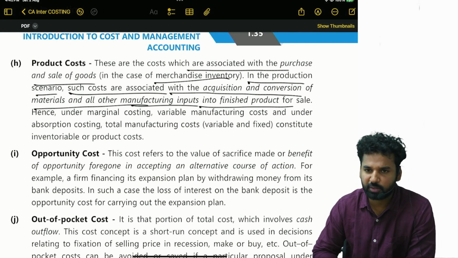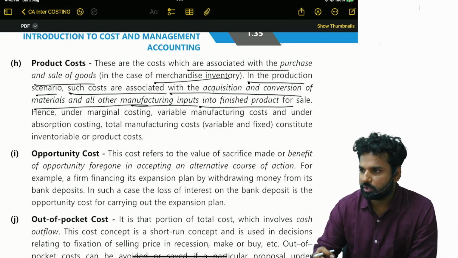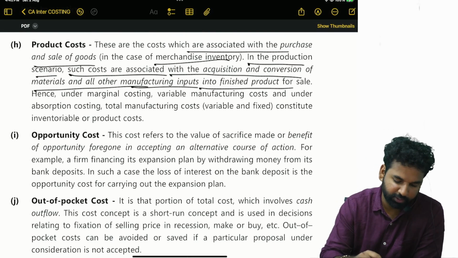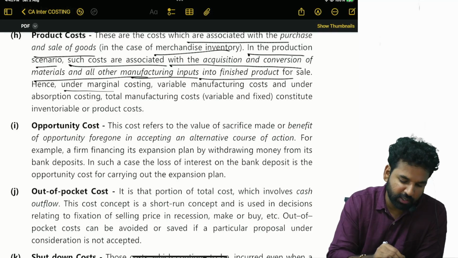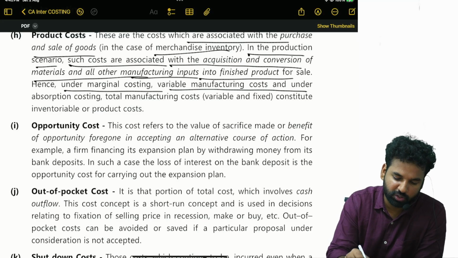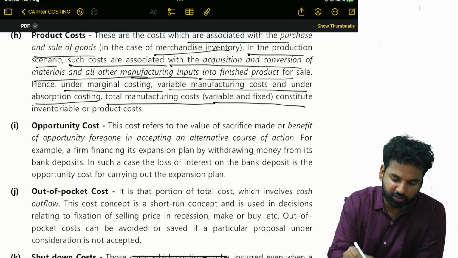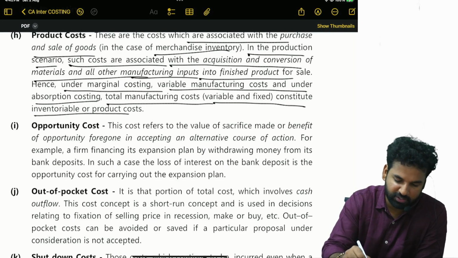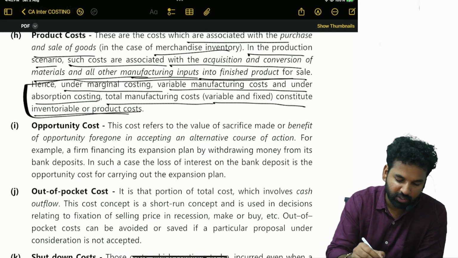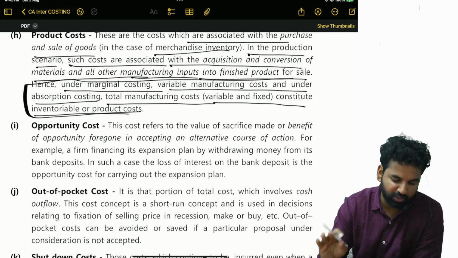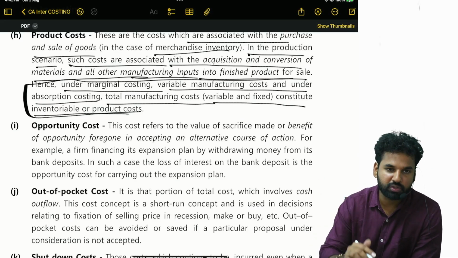So simply it is raw material cost and production cost. Under marginal costing, variable manufacturing cost, and under absorption costing, total manufacturing cost, variable and fixed cost, should be included in inventory. So these will be discussed later. You will understand this point later, when we see what is marginal costing and what is absorption costing.